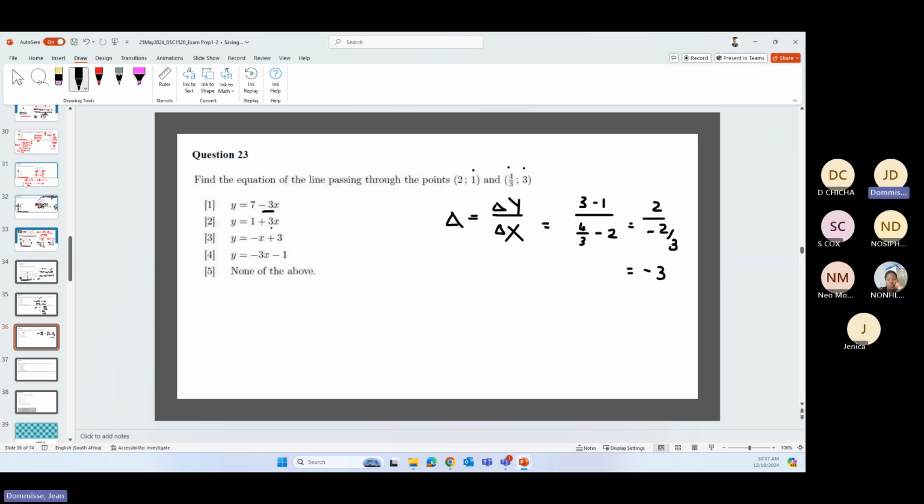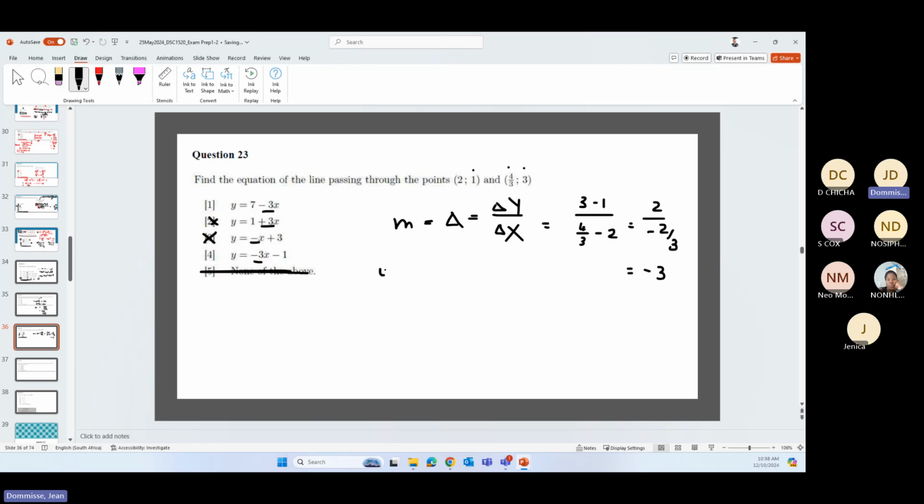Awesome. That could be plus 3, no. Minus 1, no. Minus 3, yes. So at least just by looking at my slope, I have worked out that 2 of the answers are not relevant at all.